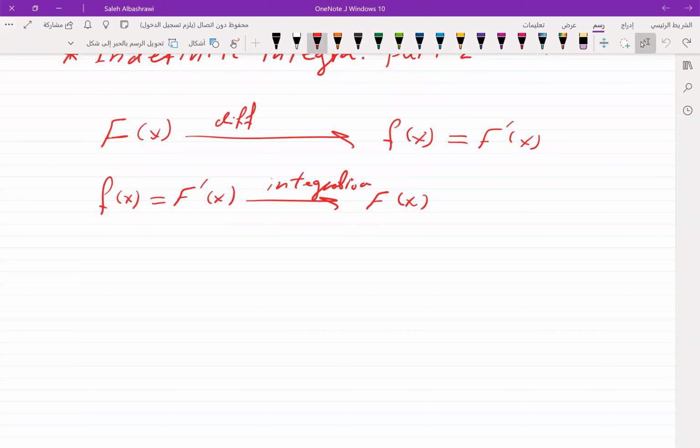And we gave different types of examples in the first part. Now in the second part, we are going to find some indefinite integrals using trigonometric functions.